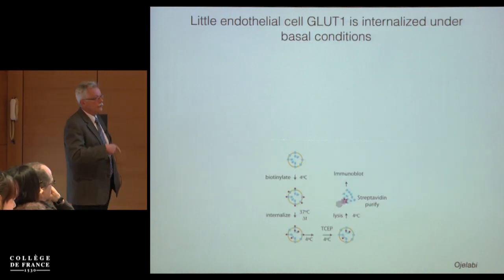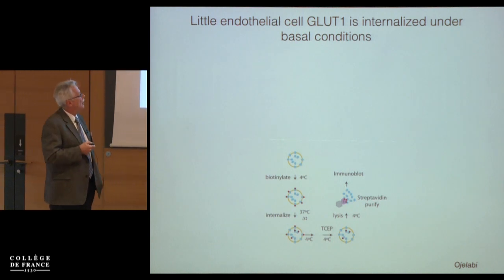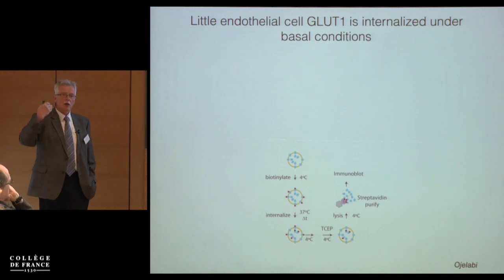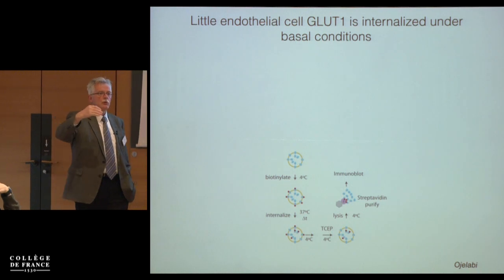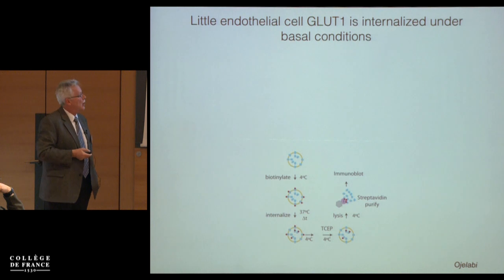We've also looked at trafficking of GLUT1 into the cell. So the idea is you take these Ben3 cells at 4 degrees centigrade, you biotinylate all of the cell surface proteins with a reducible biotinylation probe. It reacts with primary amines.